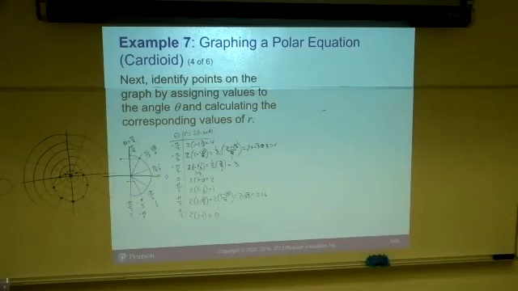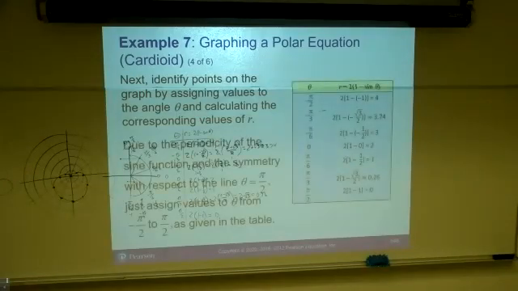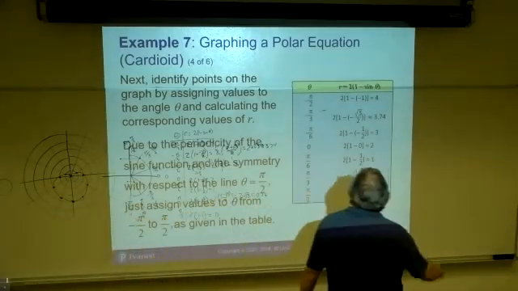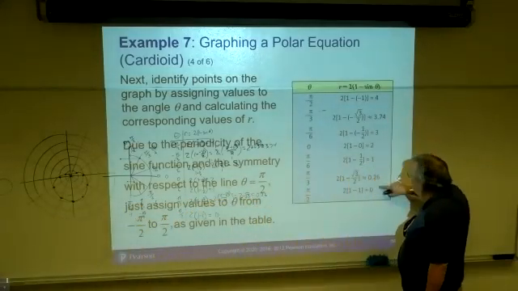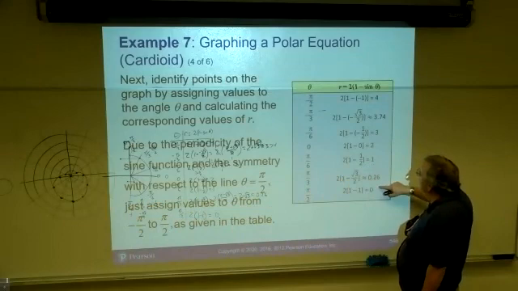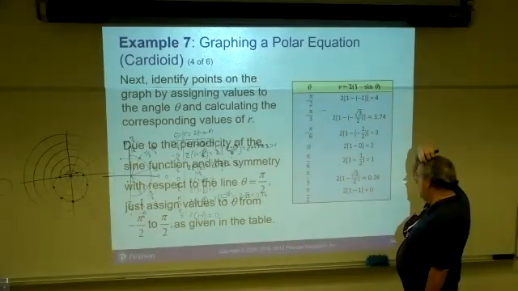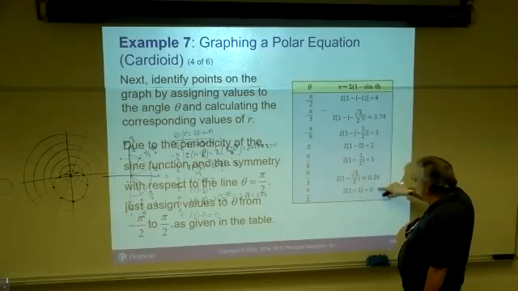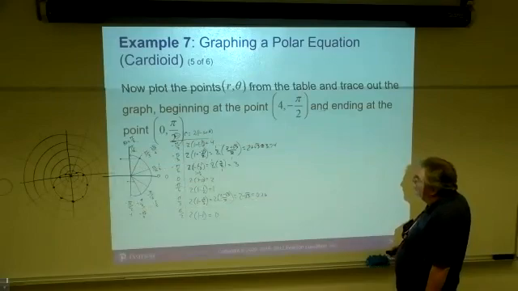Okay. And that's what they did over here. They found all these values, and then they graph those values on the graph.